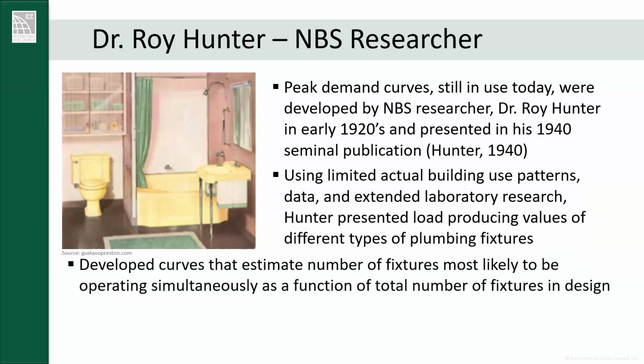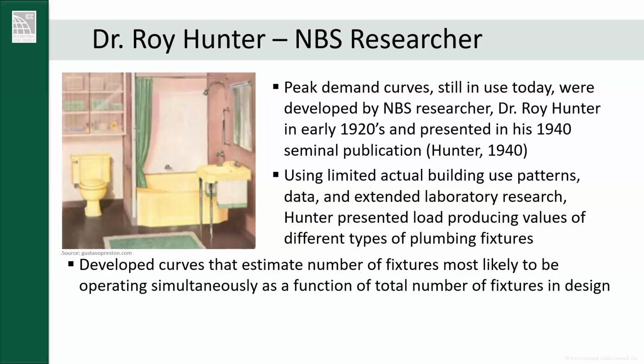And from that, he developed some curves that estimated the number of fixtures that are most likely to be operating simultaneously as the total number of fixtures in the design. And I think most of us agree that it was an overestimation of how they would be used.